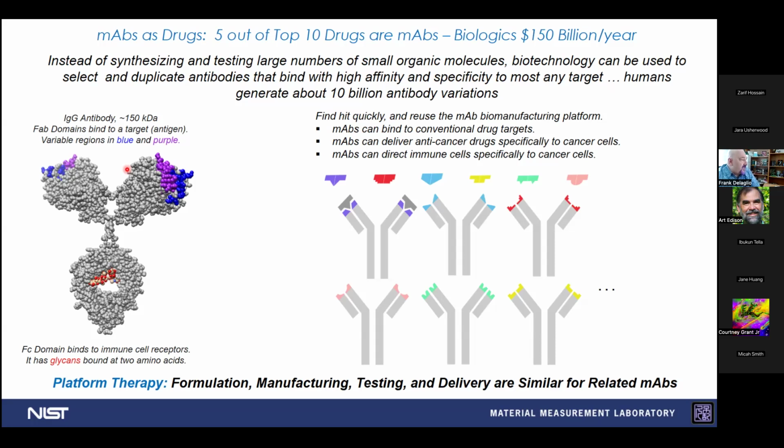And for this reason, monoclonal antibodies are very attractive drug platforms, not only because we can generally find a particular monoclonal antibody that binds well and specifically to most any target, but also all antibodies within a class are relatively similar to each other.